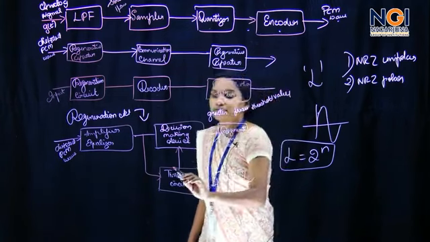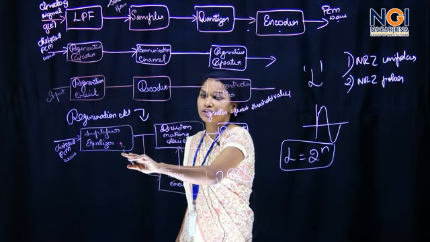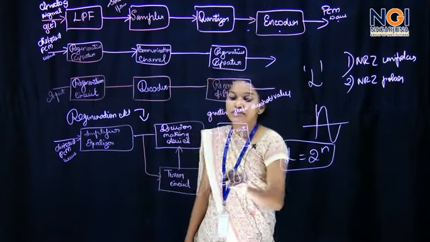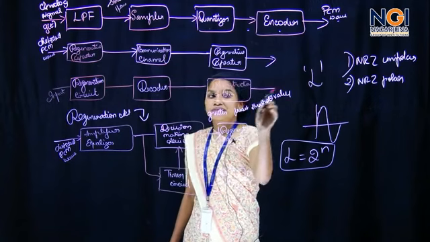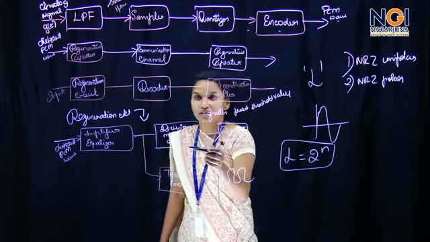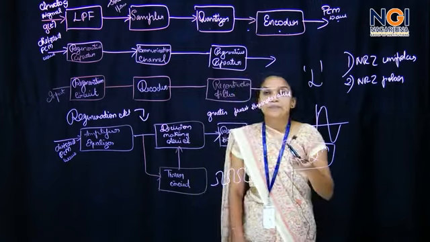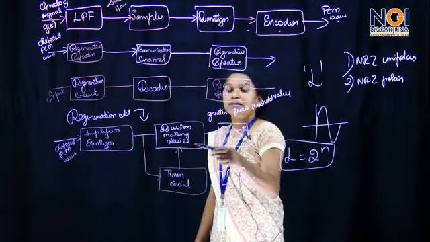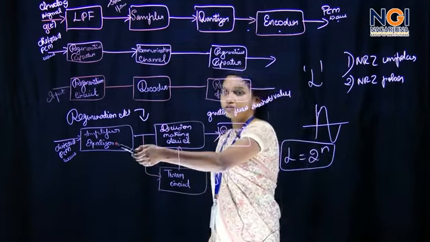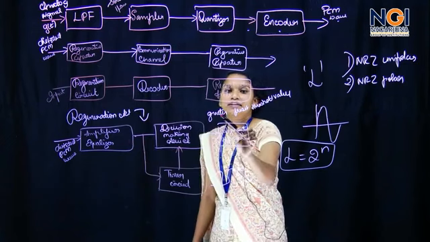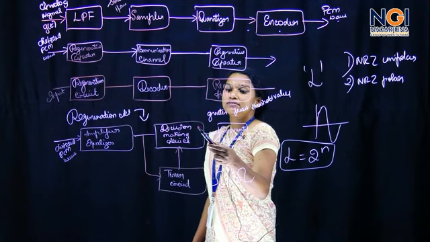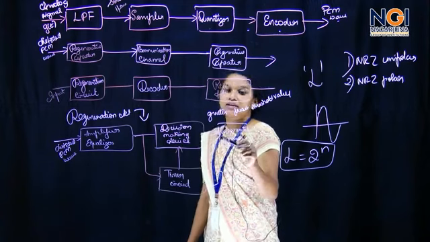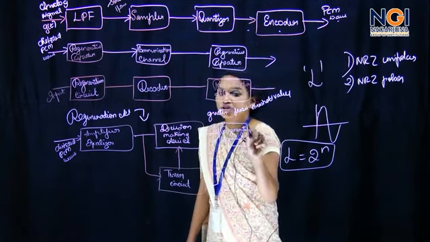Once the output of the amplifier equalizer is sampled using the sampling waveform, if the sample value is greater than the preset threshold value, the decision making device is enabled. If the sample value is lesser than the preset threshold value, the decision making device will be disabled. Then we get a regenerated signal.